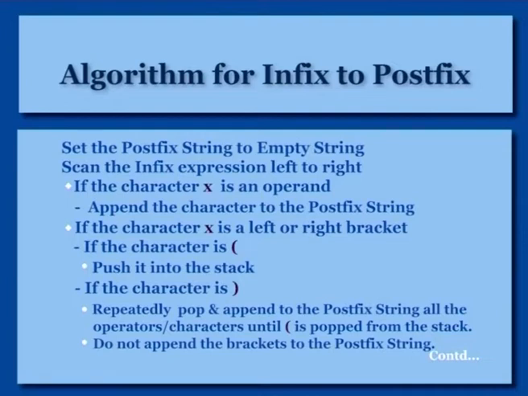If the character is an opening bracket, then it is pushed onto the stack. If the character is a closing bracket, then we repeatedly pop and append all the operators to the postfix string until an opening bracket is popped from the stack. The brackets are not appended to the string.